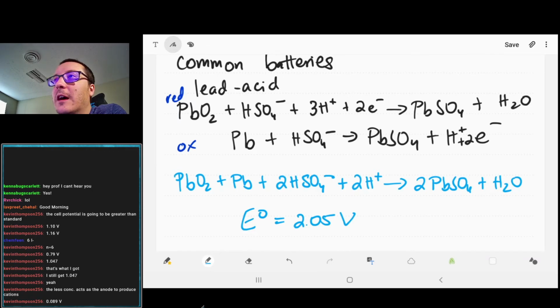So this is just commonly what's in your car. You'll use this battery to start your car. As you are driving, your alternator will generate electricity that will reverse the reaction. So this reaction normally will put out 2.05 volts. If you put in 2.05 volts, you can get the reverse reaction to happen.